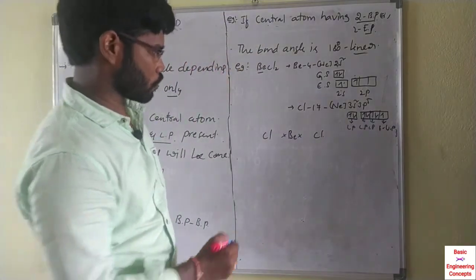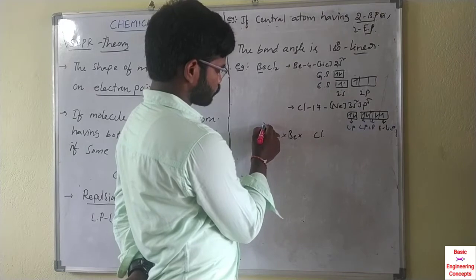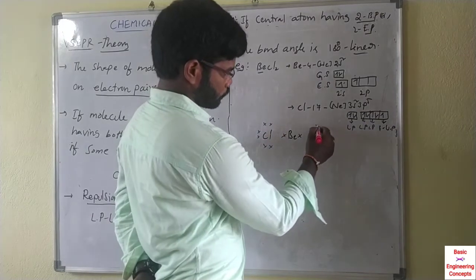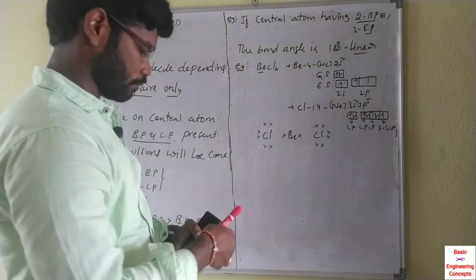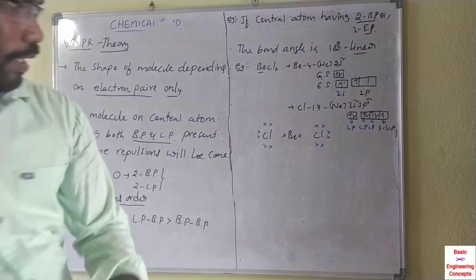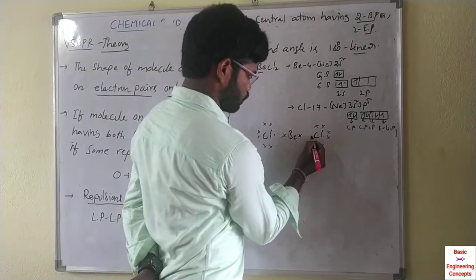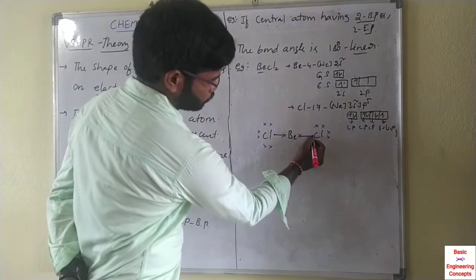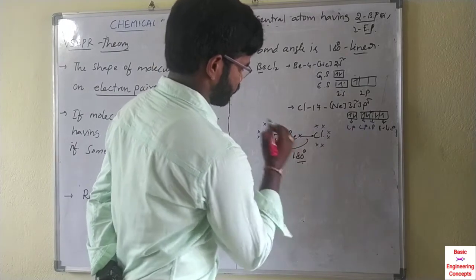So 3 lone pairs on each chlorine: 1, 2, 3. And similarly, each chlorine has 1 unpaired electron. So the bond angle is 180 degrees.